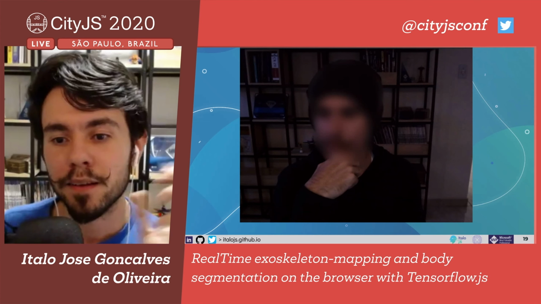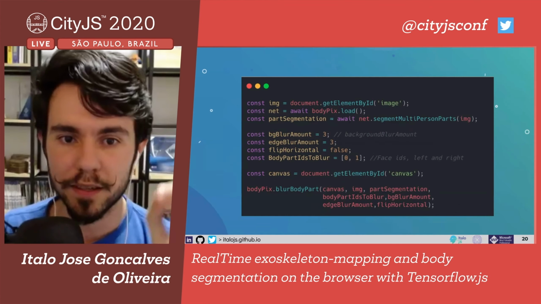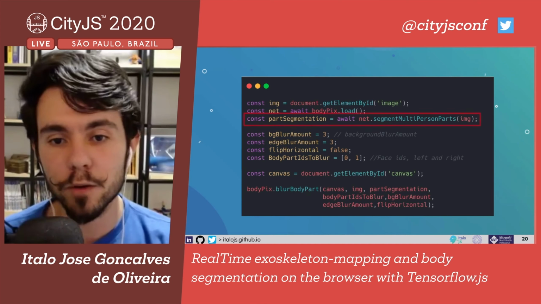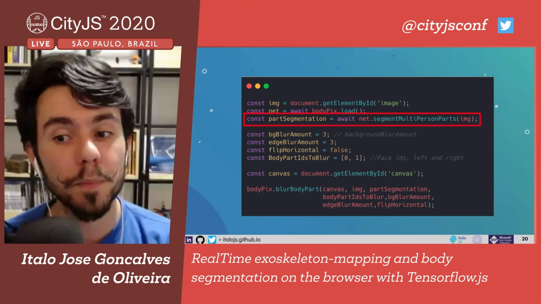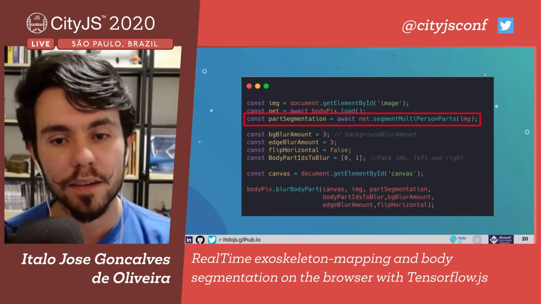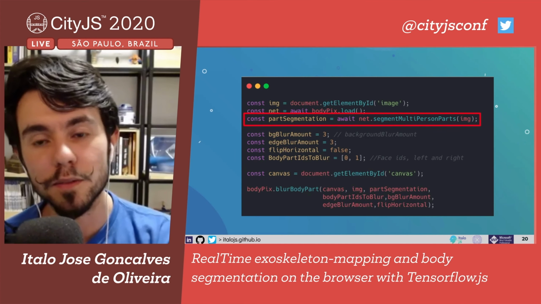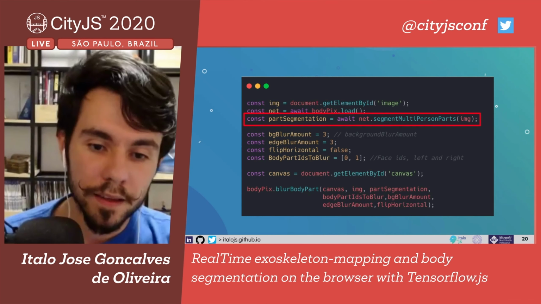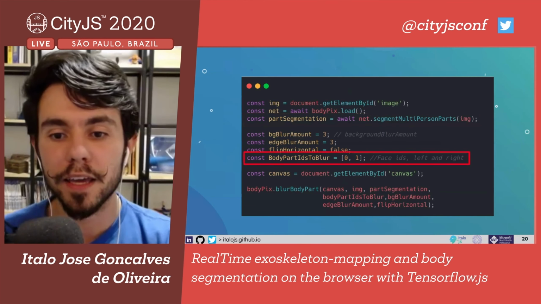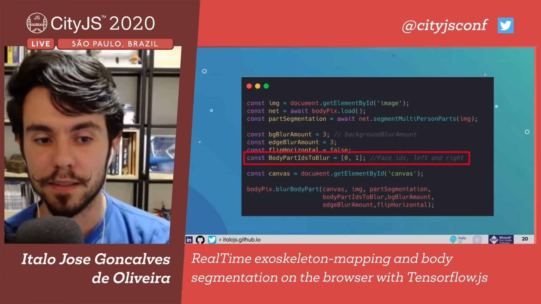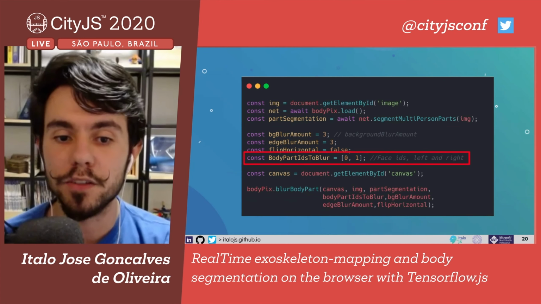Okay. And how can we do it? This time I will use the segment multi-person parts. It's important to note because it's different from segment person. Okay. And I have a different parameter here, the body parts ID to blur.